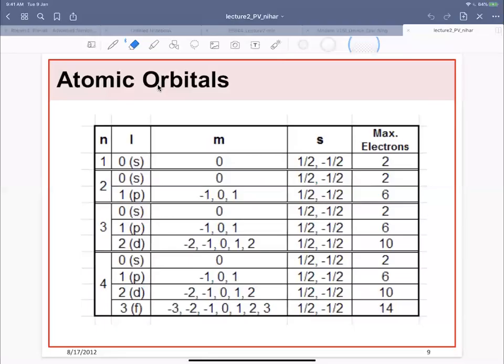For n equal to 3, we have s, p, d orbitals, and we can have a maximum of 18 electrons. So basically, this is how the atomic orbitals are defined, and all of you might have done this.